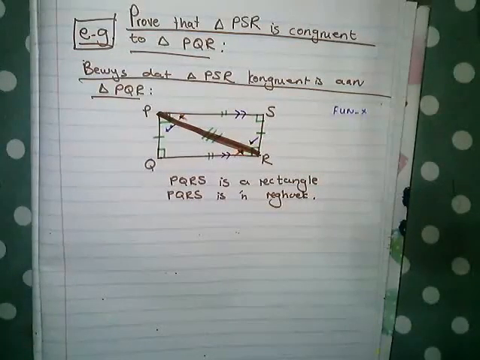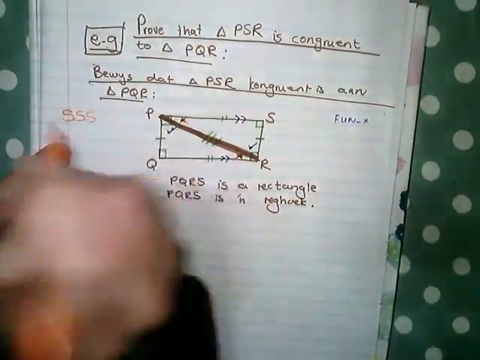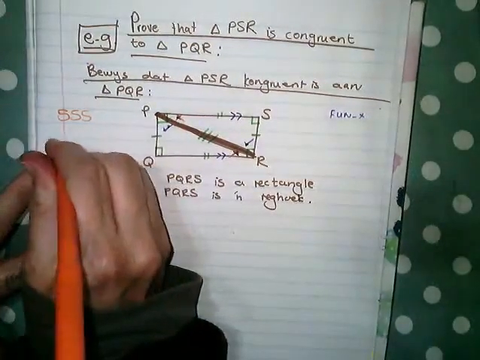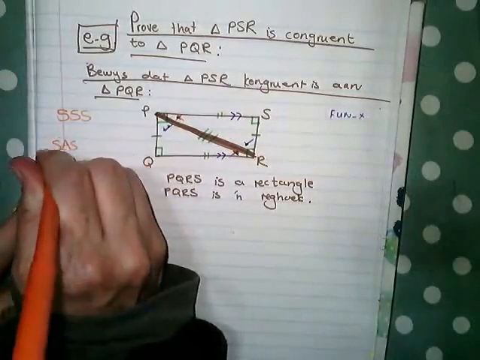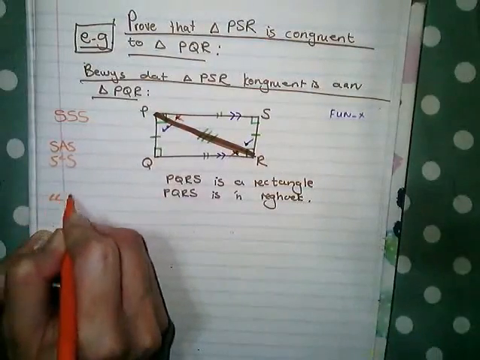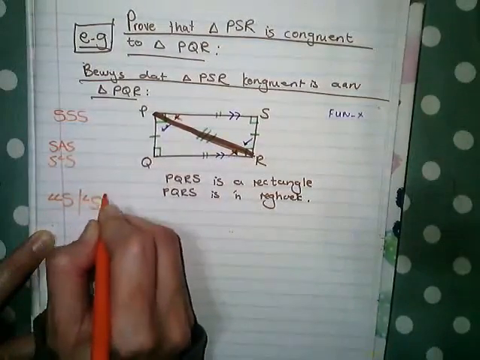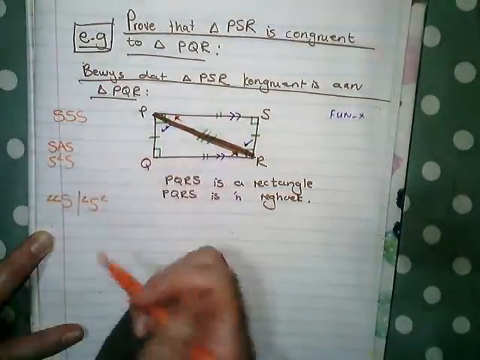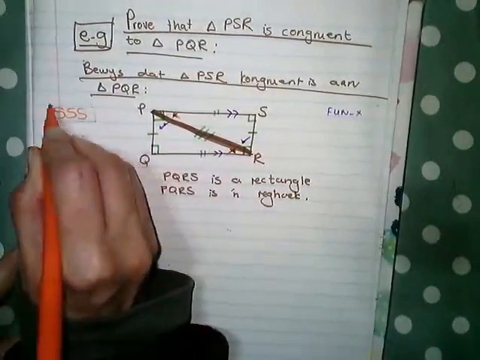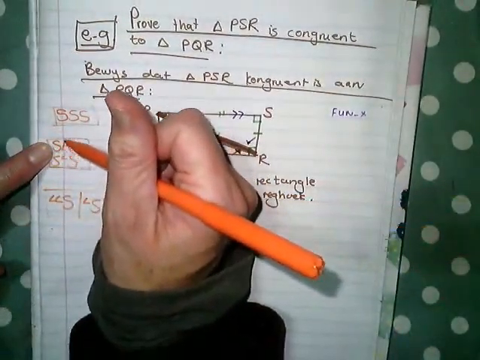So remember, the possible instances would be 3 sides that are equal, or a side angle side, or 2 angles and a side. And that side can either be between them or not between them. Okay. So it's very important that you remember that where there's 2 S's and an A, that A has to be in the middle.